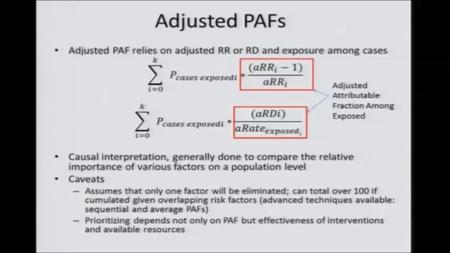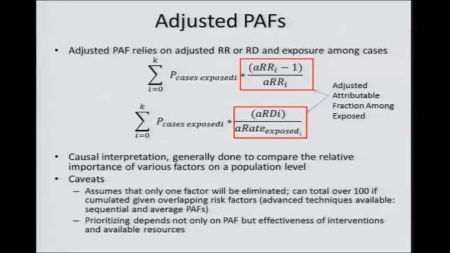Say you eliminated one thing, those cases were probably exposed to other factors, and you'd have fewer cases to prevent then. So there are some advanced techniques that look at the order in which you would eliminate factors and give an average estimate.